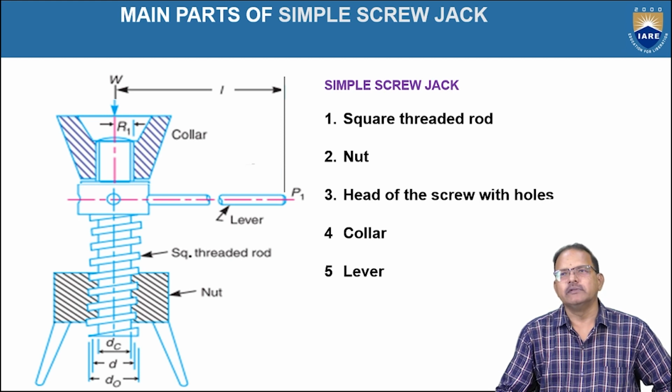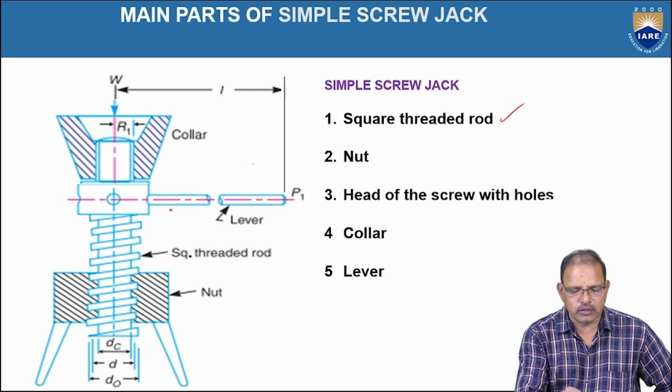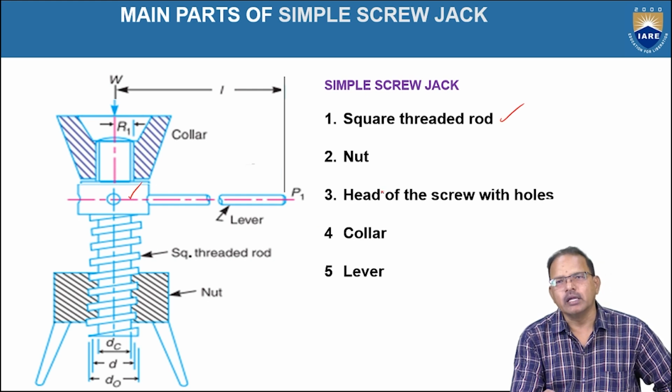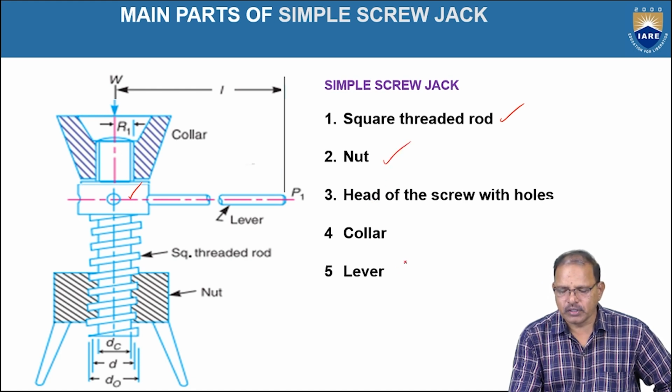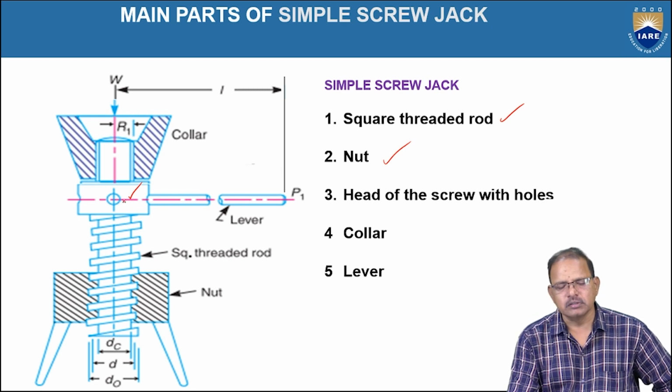Okay, the main parts of the simple screw jack are the square threaded rod as shown in the figure, and the nut, which sometimes is an integral part of the body. The head of the screw with holes is also provided.